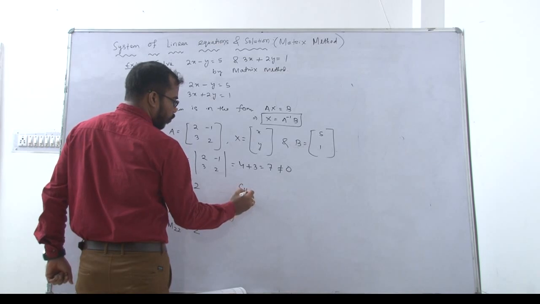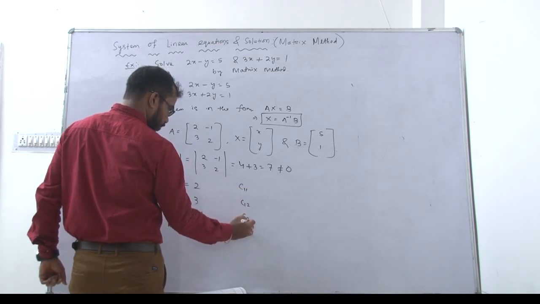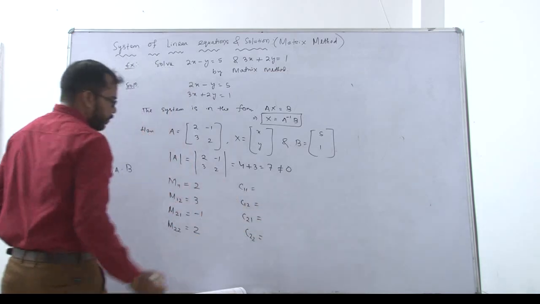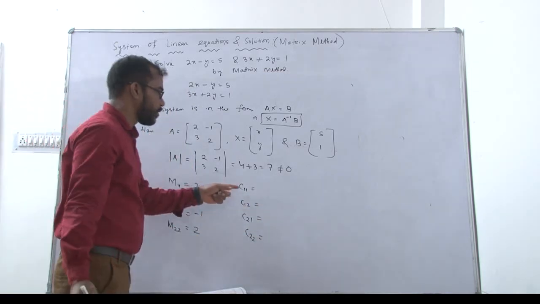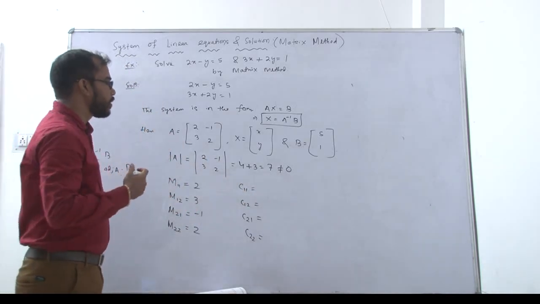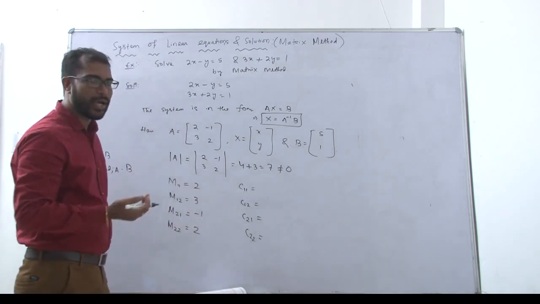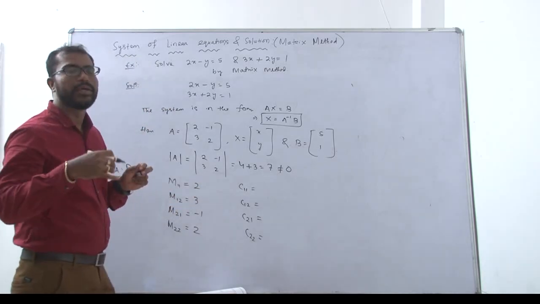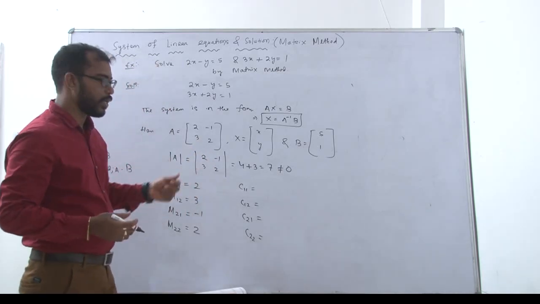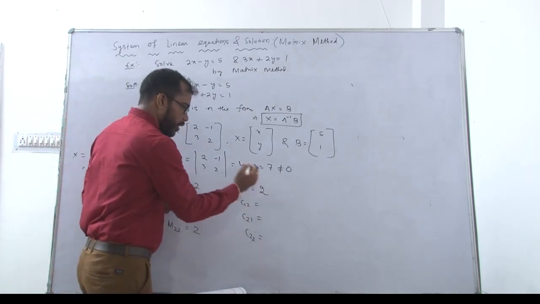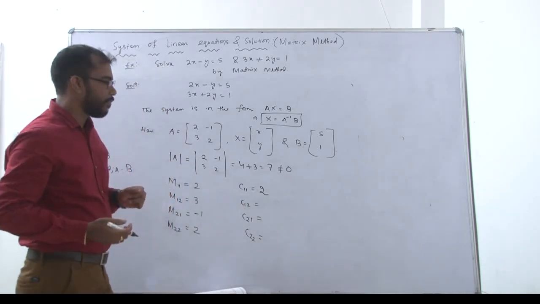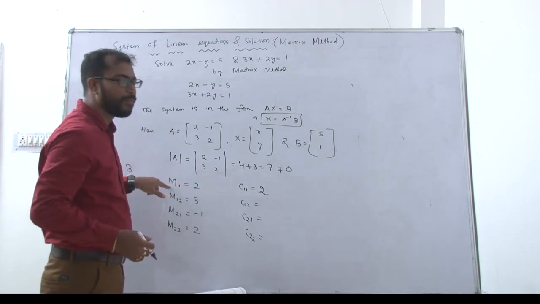Okay. So these are the minors of these elements. Then you find the cofactors. For C11, if the sum of the indices is odd, we change the sign of the value. If the sum is even, we write the same value. So here you can write 2, because 1 and 1 make 2, and 2 is an even number, so we write the same value of the minor.